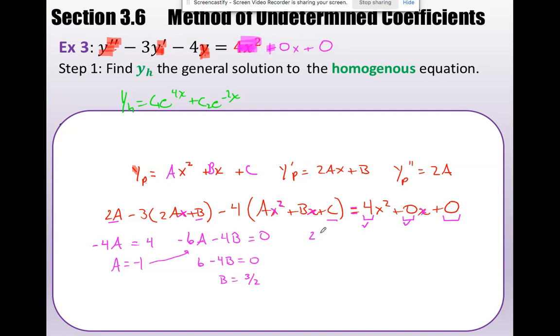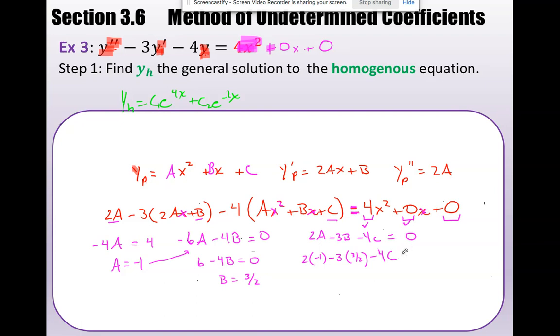So 2a minus 3b, and then minus 4c has to be equal to 0. But I already know a, and I know b.